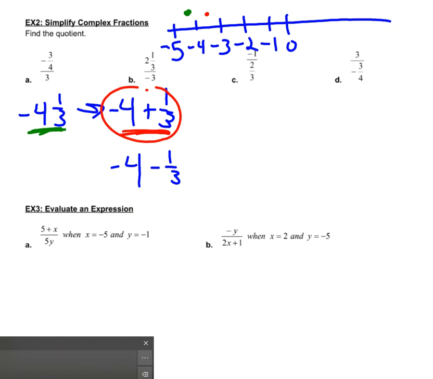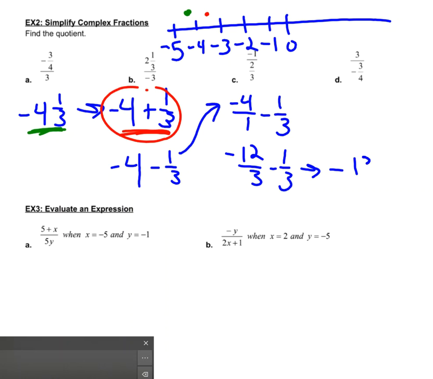Okay, so now negative 4 minus 1/3, we're going to go through that same process of finding that common denominator. I'm going to go through this a little bit quickly just to save us some time. So negative 12/3 minus 1/3 gives us negative 13/3.